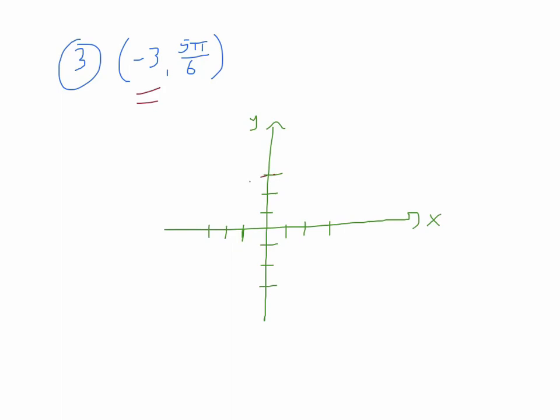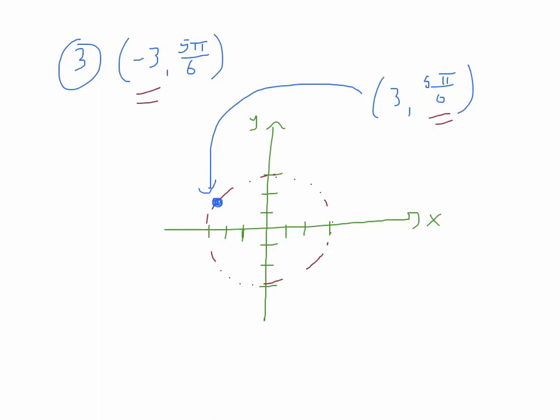So I would still draw my circle centered at the origin, now with a radius of 3, but what I'm going to plot first is the point that would be positive 3, 5 pi over 6. The angle measure of 5 pi over 6 is equivalent to 150 degrees. So this point would lie in the second quadrant, approximately over there.